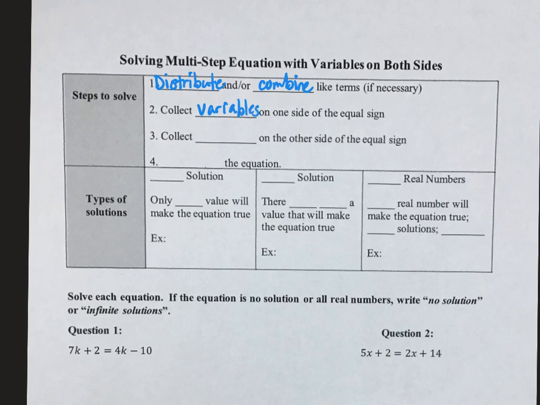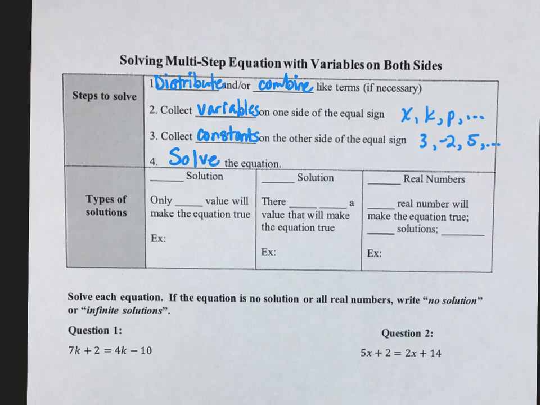Again, the variables are the ones with the x or a k or a p, the letter variables. Collect the variables on one side of the equal sign, and then we're going to collect the constants on the other. Constants are like 3, -2, 5, just plain numbers. And then step 4, solve the equation. We're going to be using our inverse operations again to solve the equation.